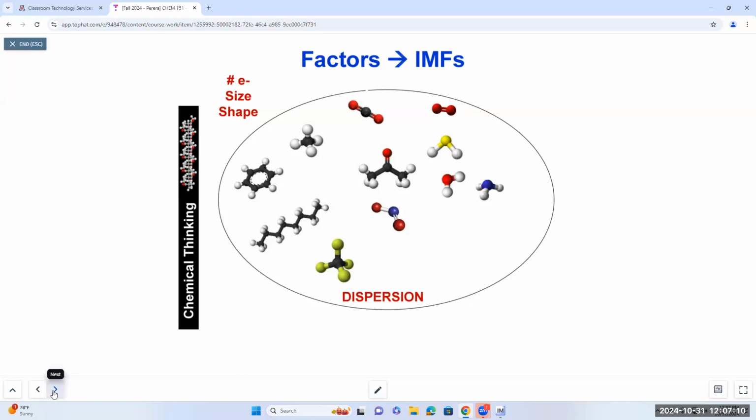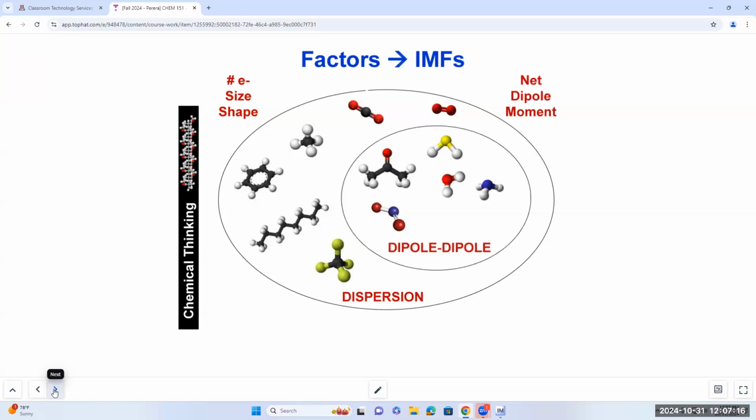Okay? So on top of that, if your molecule is polar, meaning if your molecule has a net dipole moment, on top of dispersion forces, they will have dipole forces as well.